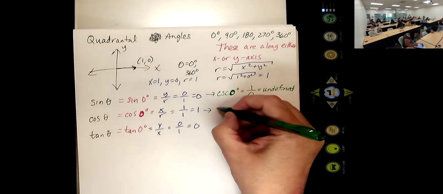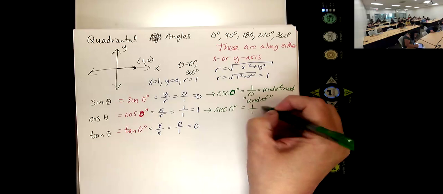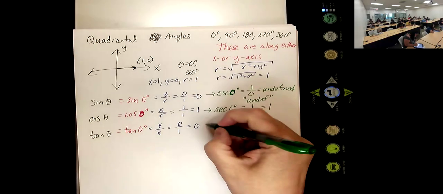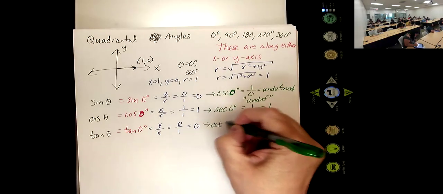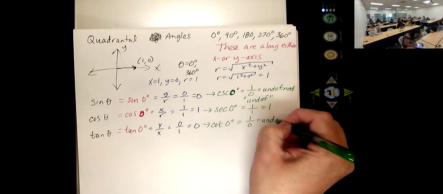Secant of 0 degrees, that one flips over just fine. 1 over 1 is still 1. But cotangent has a problem as well. If I do 1 over 0, I have undefined again.